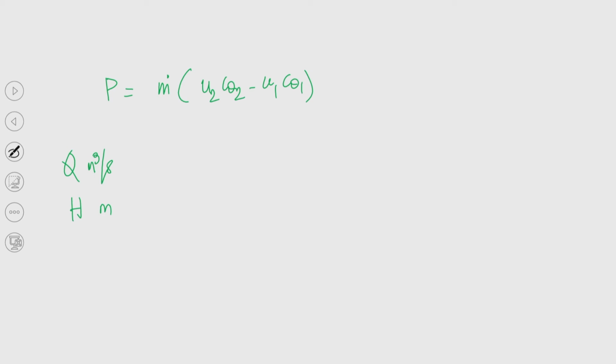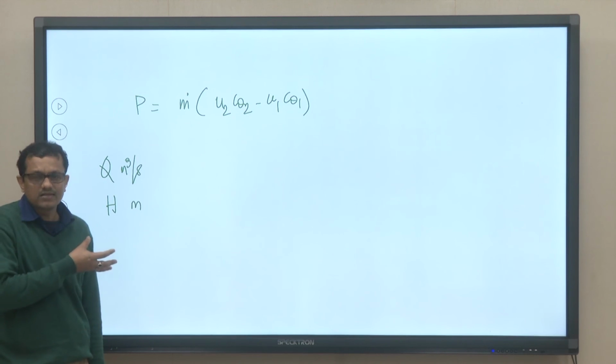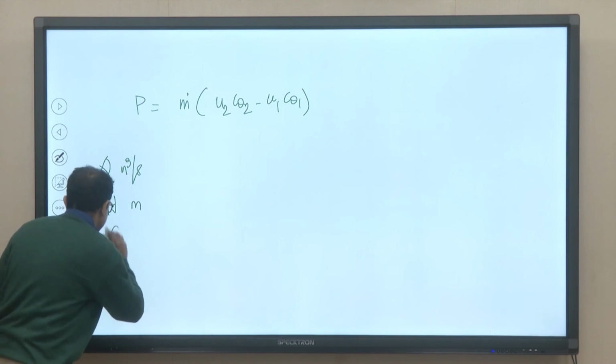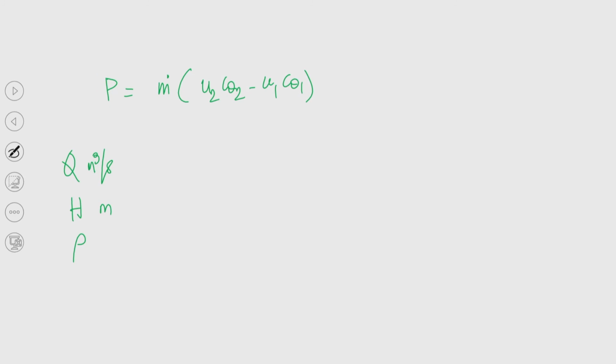So, just for an example I am assuming that particular pump is installed in a station in which the pump is responsible to supply water, say water density is rho, kg per meter cube, right. So, if we assume the water will be supplied by the pump at a height h and the amount is Q meter cube per second, at this rate water will be supplied by this pump at a height h, and in that case what will be the power?